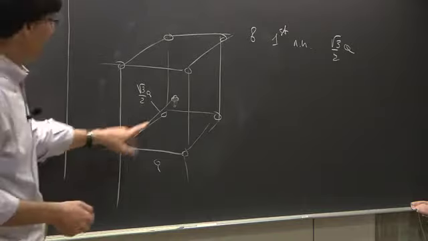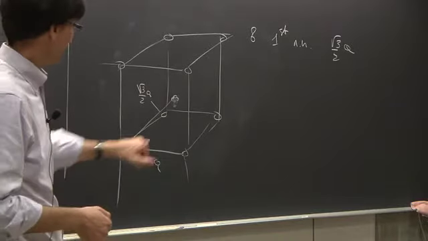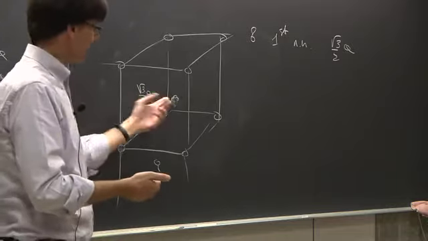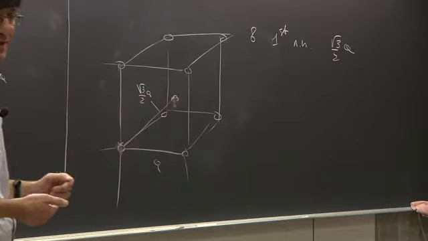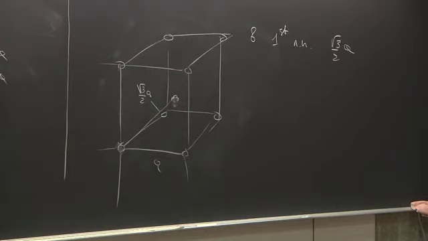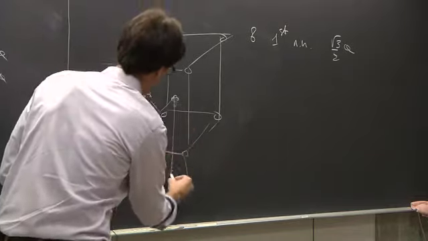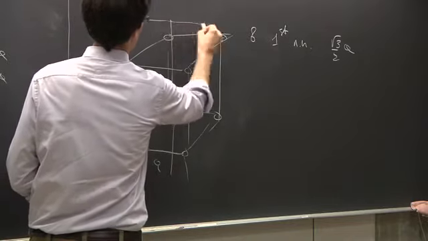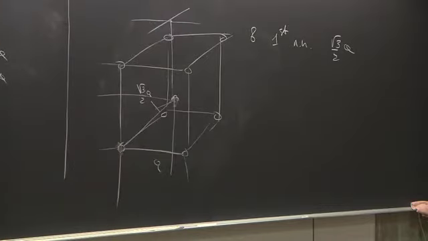If I sit here, I will see exactly the same. And these points will be the corners of the other simple cubic lattice that forms the BCC lattice, right? Because the BCC lattice can be seen as 2 simple cubic lattices interpenetrated, one into the other. So I can start from here and build a cubic lattice using all the points at the centers of the cube. And that would also be a simple cubic lattice, obviously.